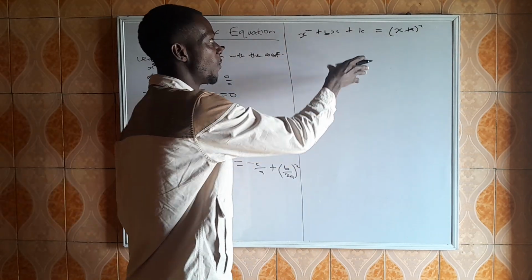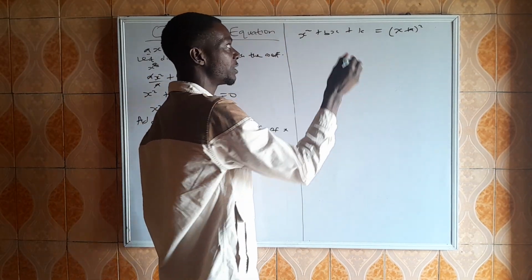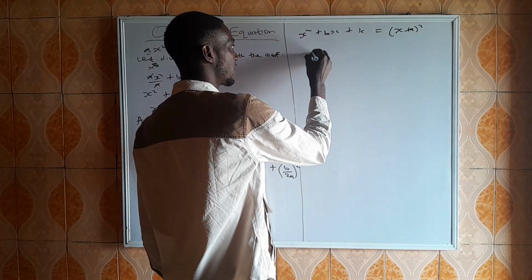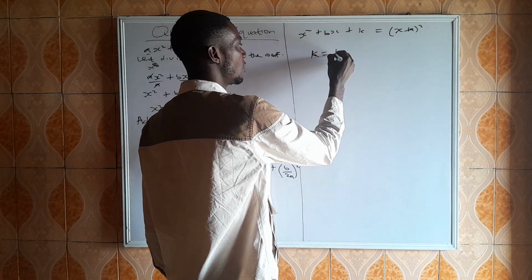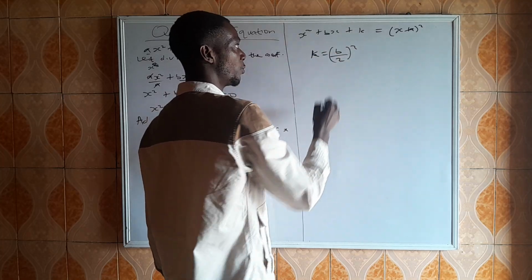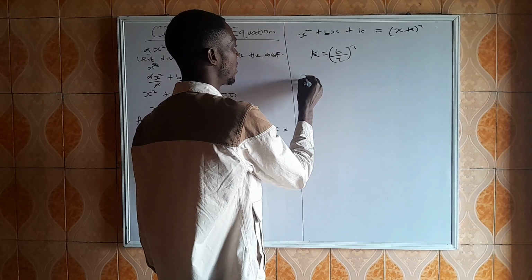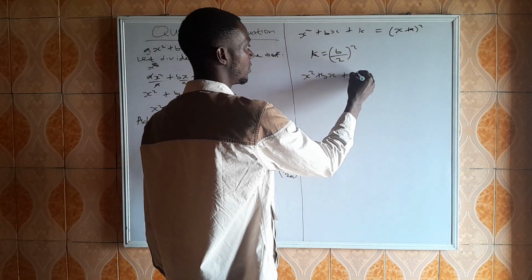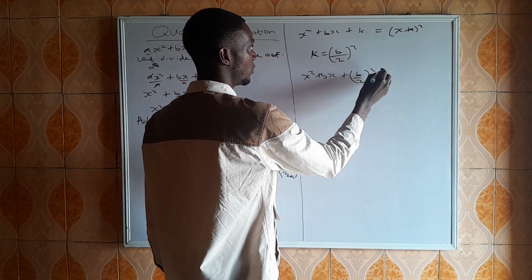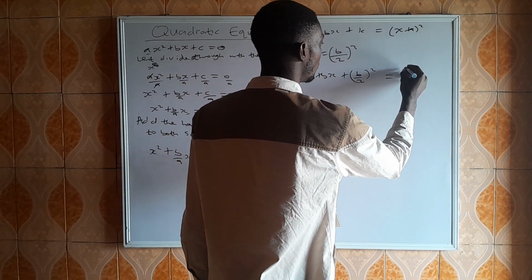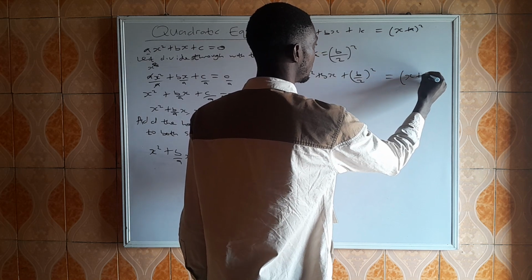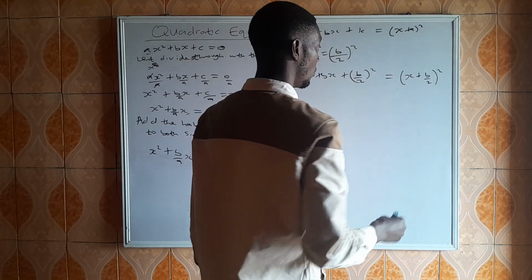At the end of the day, when we solve for this, we notice that the value of k is b over 2 all squared. That means x squared plus bx plus b over 2 squared will be equal to x plus b over 2 whole squared.